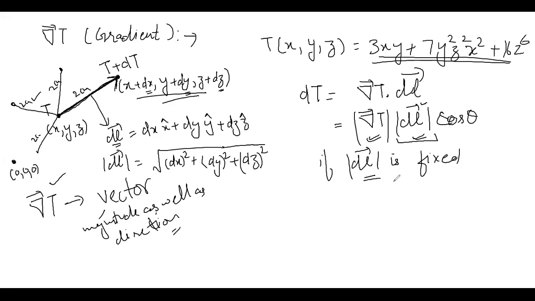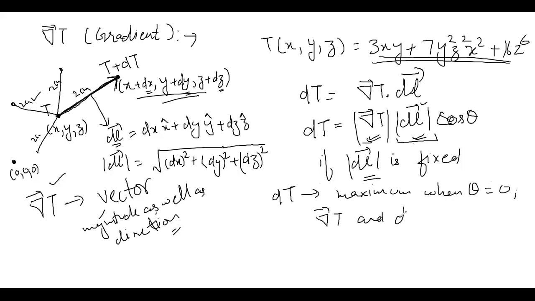Now, if you keep dl fixed, this dt, which represents the change in this quantity, is maximum when theta is 0. Because when theta is 0, cos theta is 1 and your dt is simply the product of these two terms. When theta is 0, this means that your gradient and dl point in the same direction.